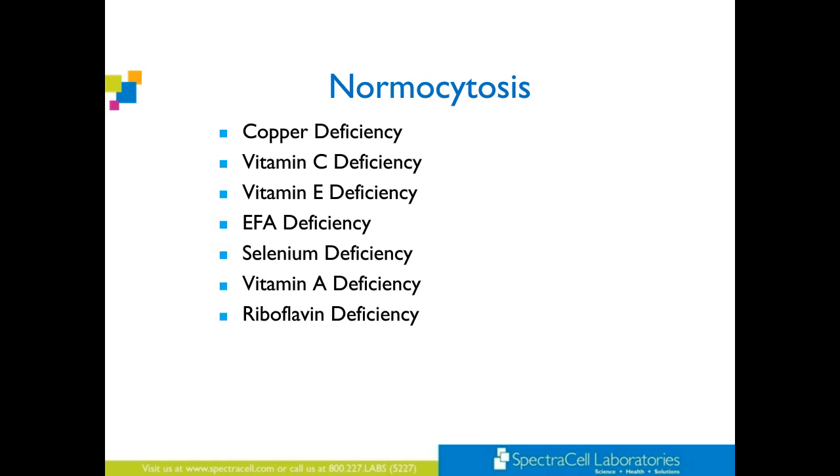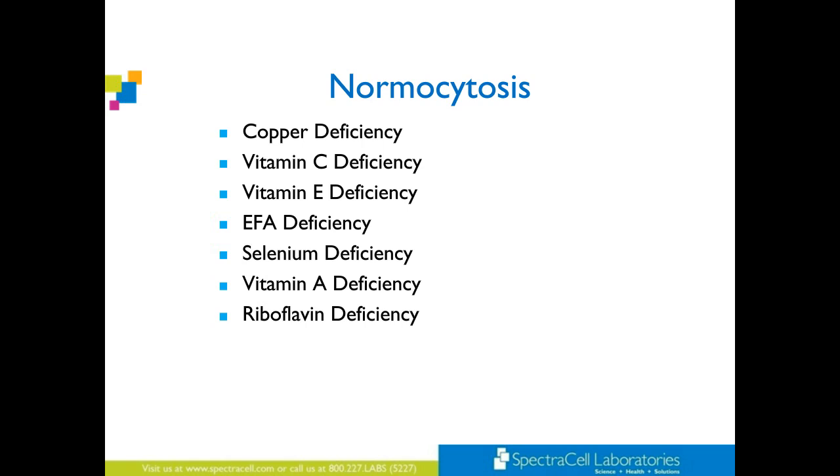What nutrients are actually protecting the cell and going to decrease it from hemolyzing? Well, these are some of the nutrients that are noted in the literature that protect the red blood cell from damage. And you can see some of them involve minerals, some vitamins, and once again, essential fatty acids.